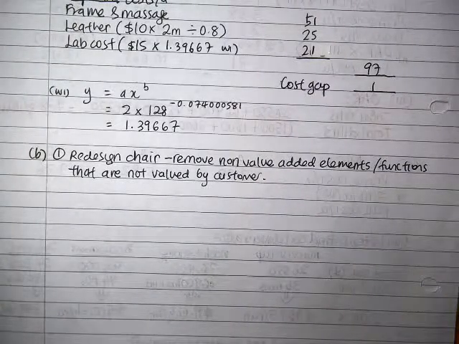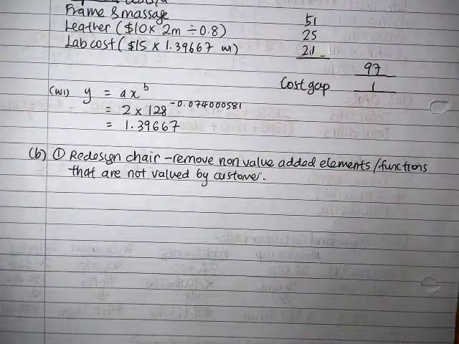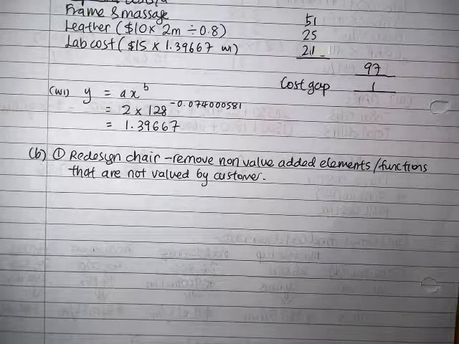Because if you have functions that are not valued by the customer, then there is no use value. And if there's no use value, you don't have to put it in. Because whether you put it in or not, there's no difference. Okay? So that's why you have to look into that.